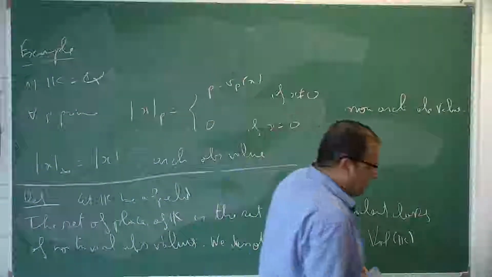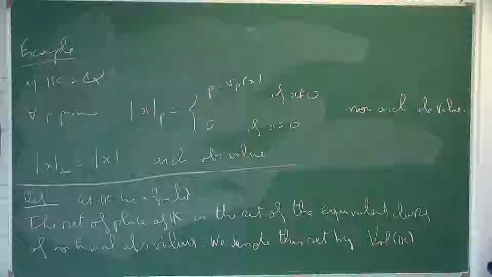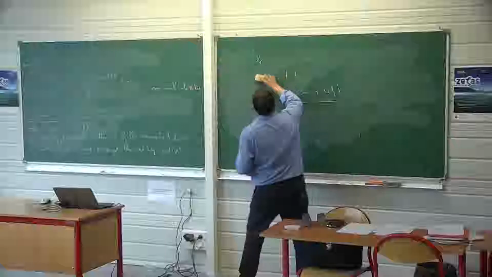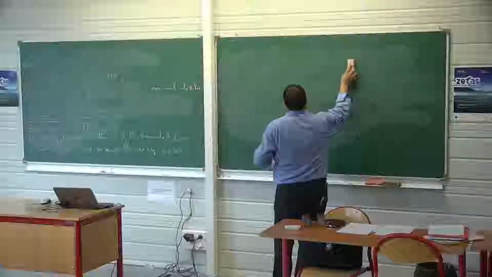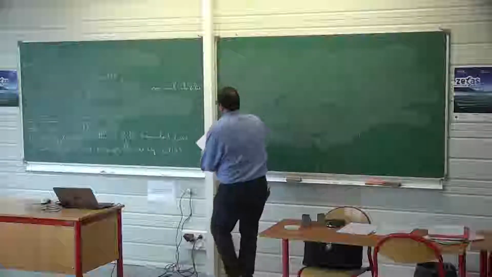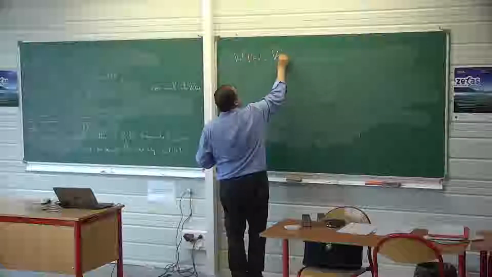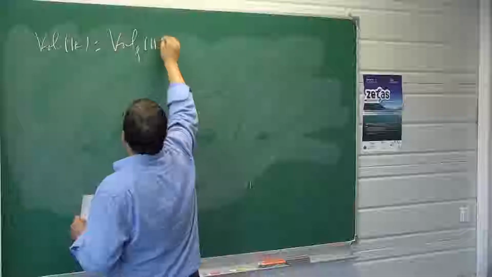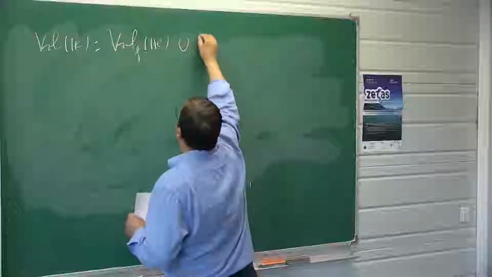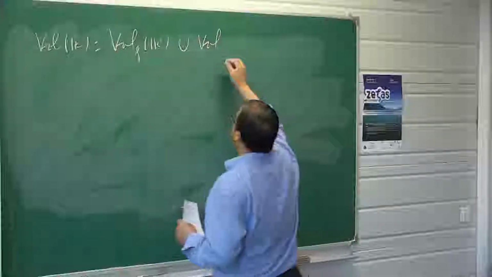This set splits into two parts: the set of finite places and the set of Archimedean places.